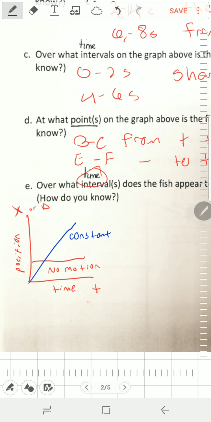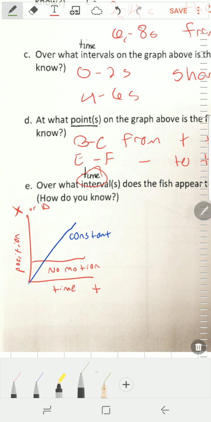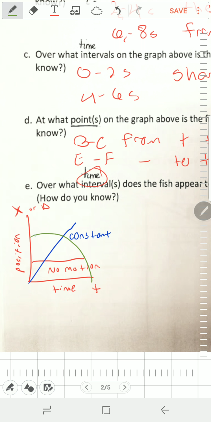And then if I have, at any point in time, a curve of any kind, it doesn't matter the curve. It could be negative speeding up, negative slowing down, positive speeding up, positive slowing down. If at any point in time I have a curve here, that is changing speed or changing velocity.